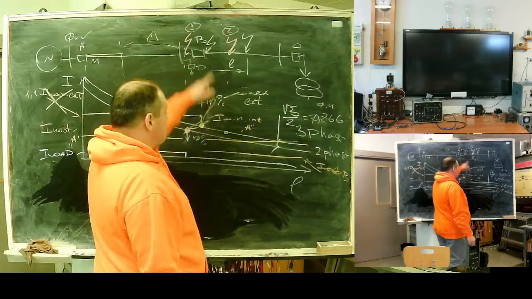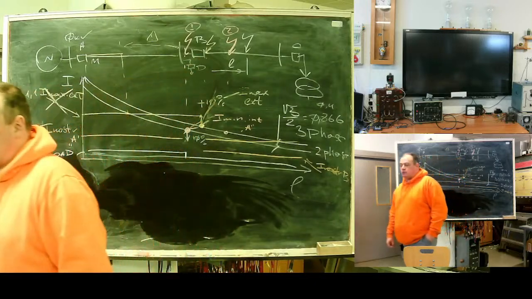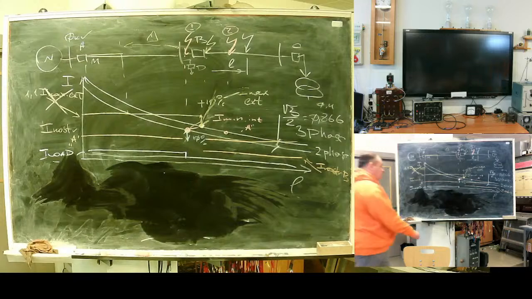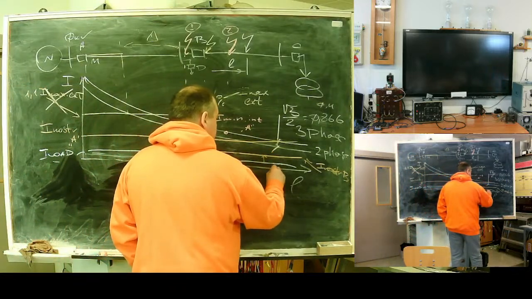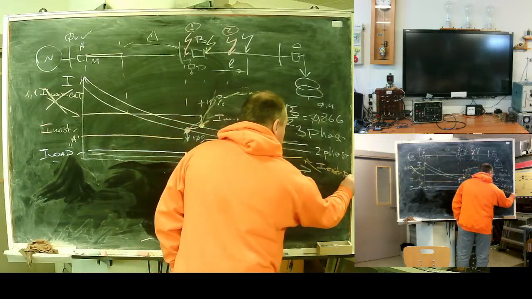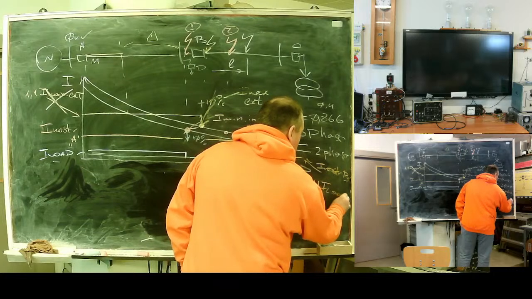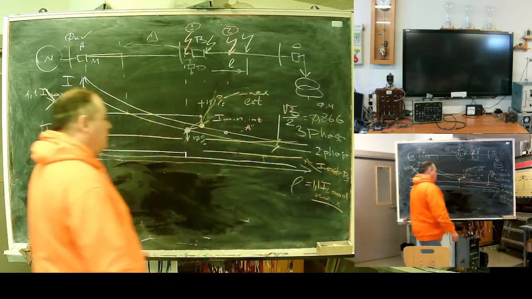For my protection B, if I would like to have maximum possible sensitivity, what should I select? Equals to 1.1 E or max. You understand what I'm doing?